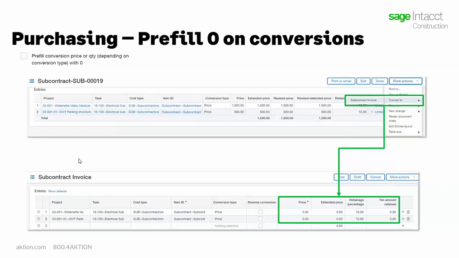So you can go in and select the amount specifically that you want to invoice, or you can post it as a $0 invoice if you so choose. It may seem like a small new feature, but it is just ease of entry. If a subcontractor is only billing you 10 out of over 50 line items, it just makes it easier to enter those amounts into the invoice.